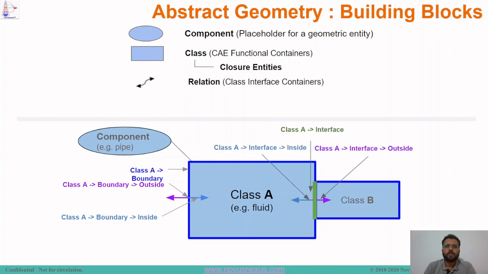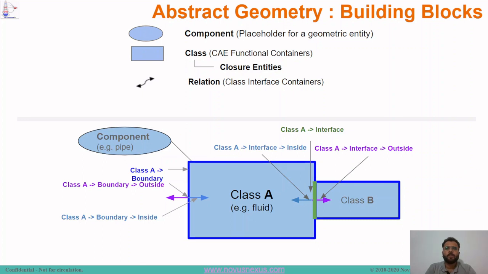The classes, when interfaced with other classes, can have a relation between themselves representing the common entities between them. So this is our third building block, that is relation. For example, here when we add class B, the interface between the two classes represents a separate set of surfaces.